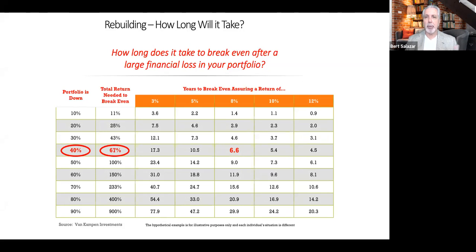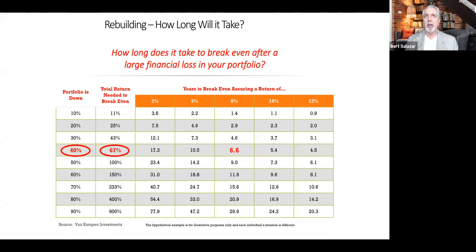It's not like you drop 40% and then you pick up 40% and you're back to zero. This is the same exercise that I just covered a few minutes ago. So if you have a 40% loss in the market in a given year, it takes a 67% return the following year in order to get back to even.